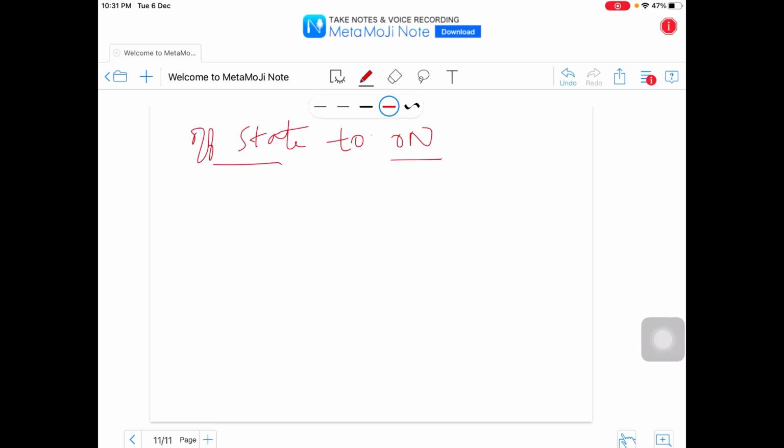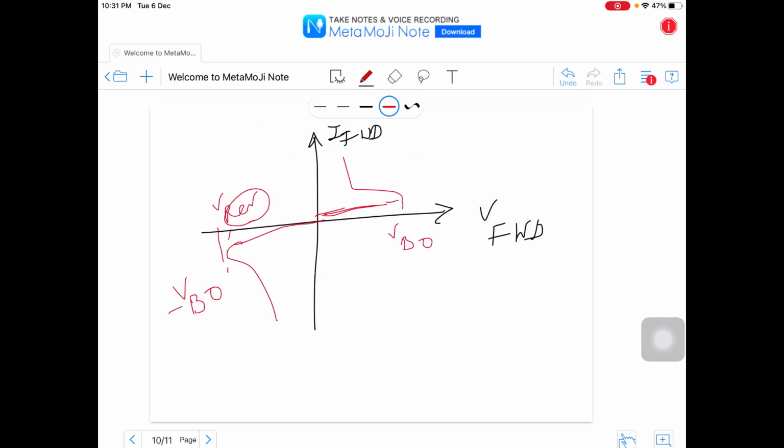Avalanche breakdown will take place in either direction. So when you want to switch the Diac from off state to on state from either polarity of the applied voltage, the VI characteristic is shown like this.